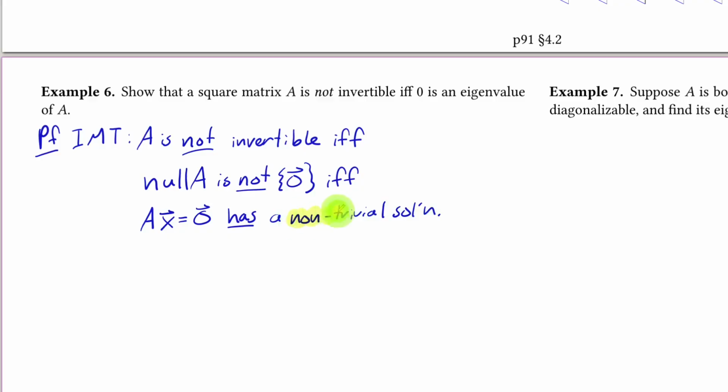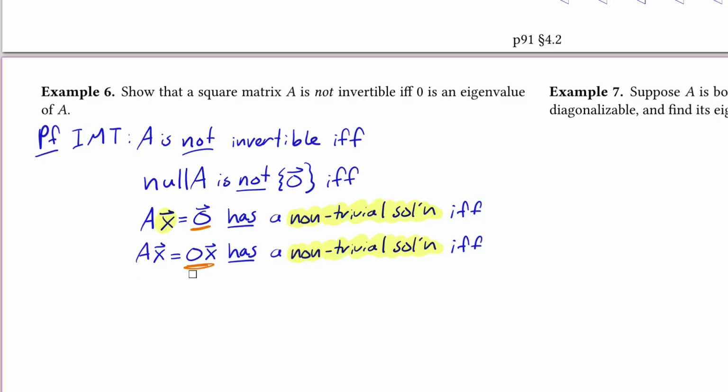That non-trivial solution we're talking about is an x vector that's not equal to 0. But that's true if and only if AX equals 0x has a non-trivial solution. Because, of course, the 0 vector and 0x are the same thing.